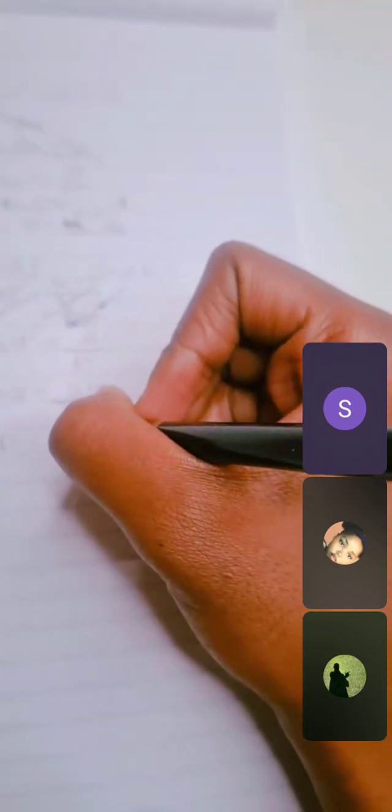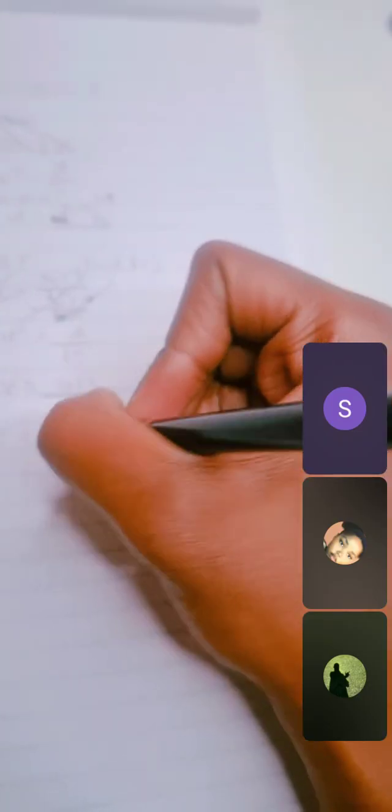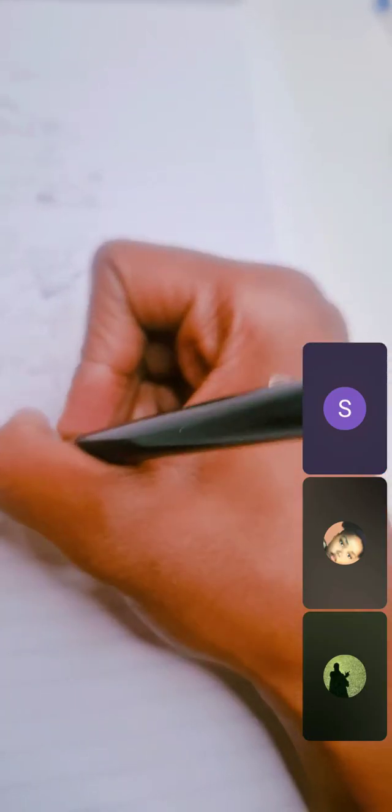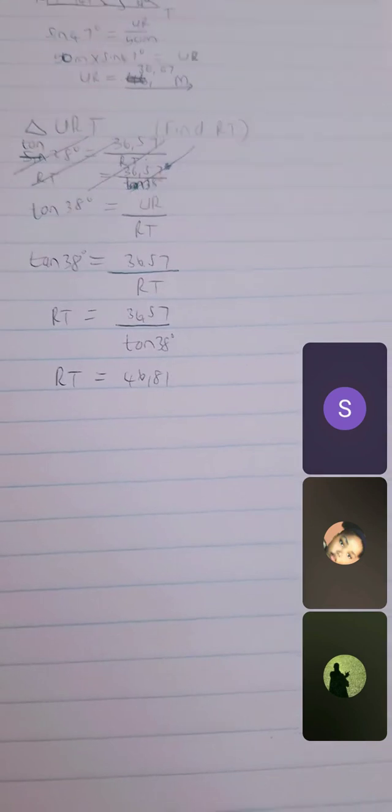So we interchange: 36,57 over tan of 38. We put that in the calculator and it should give 46,81.